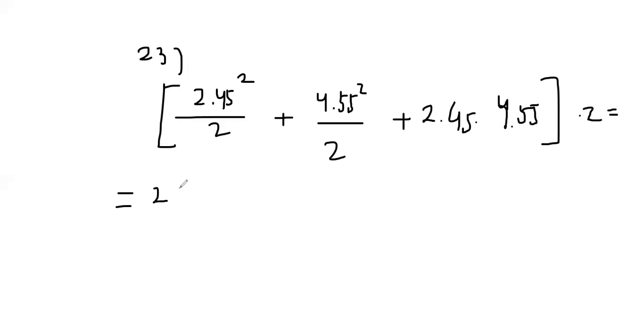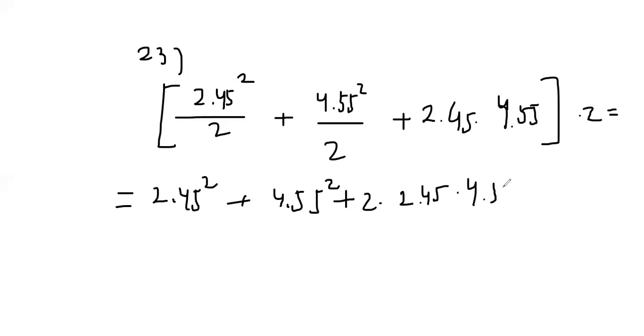What we have, 2.45 squared, if you multiply all of them by 2, plus 4.55 squared, plus 2 times 2.45 times 4.55. And the answer is going to be, of course, a squared plus 2ab plus b squared.